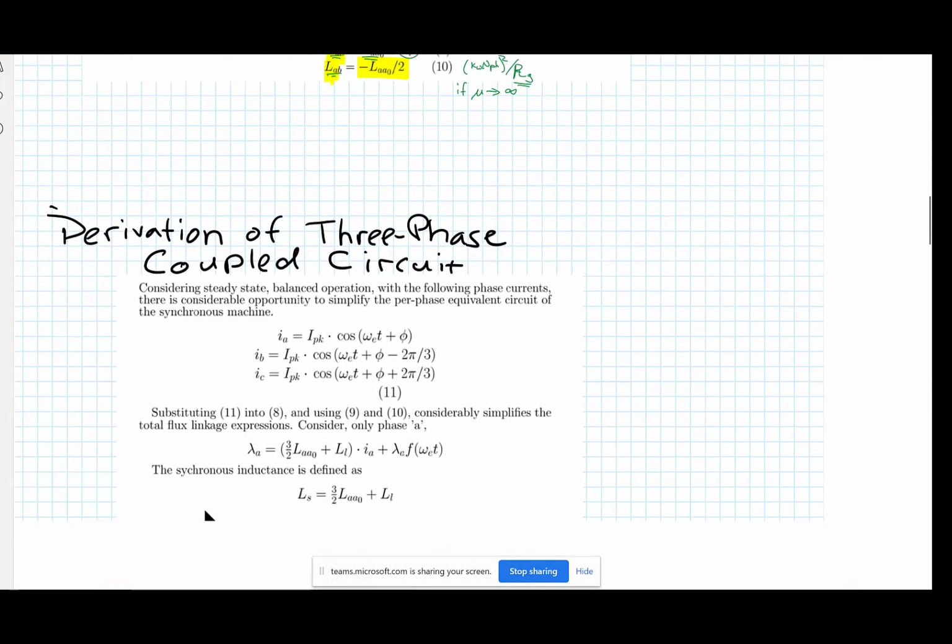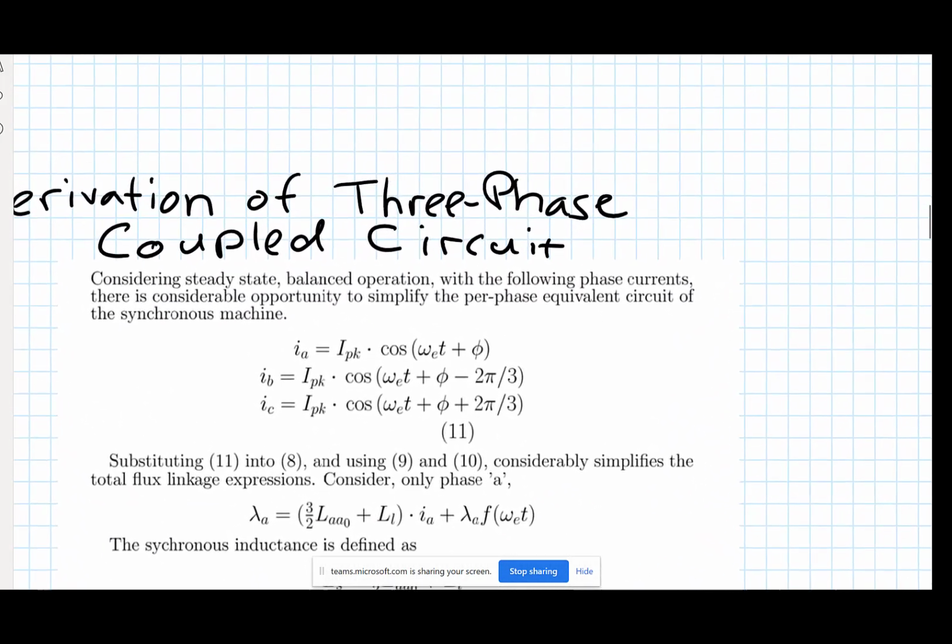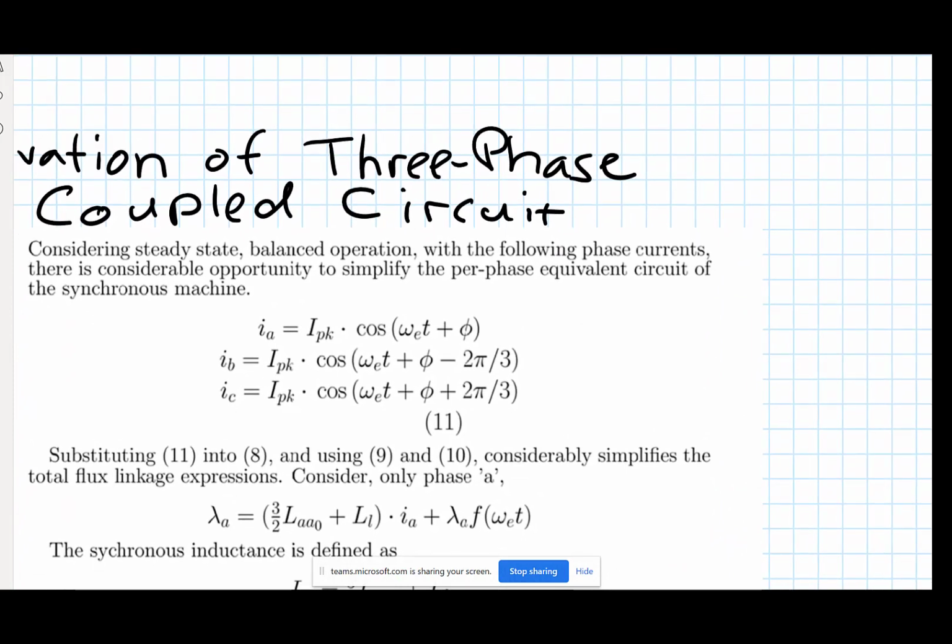Well, if you plug all this stuff together, and if you assume that you're in the steady state and balanced, that means that we've got the same current, the same load on every one of the three-phase windings. Then we're going to have these three currents.